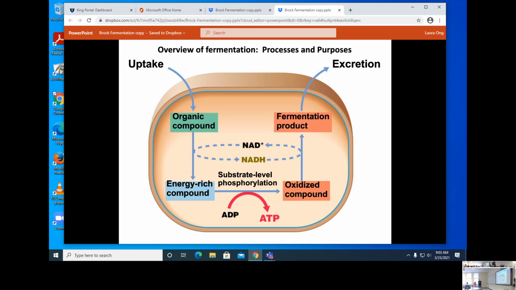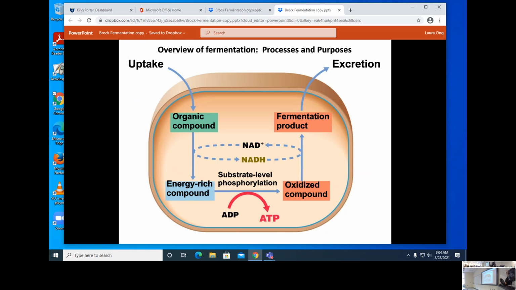So the problem comes if something happens with the electron transport chain where you don't have the final acceptor around. This is getting back to when I said what could make electron transport chain stop.